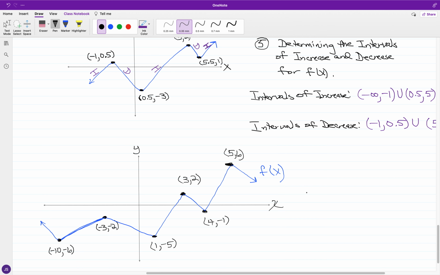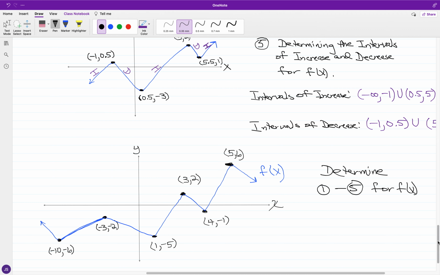Okay, and so just to consolidate, let's see what we get for all the characteristics that we have for the graph of f of x.